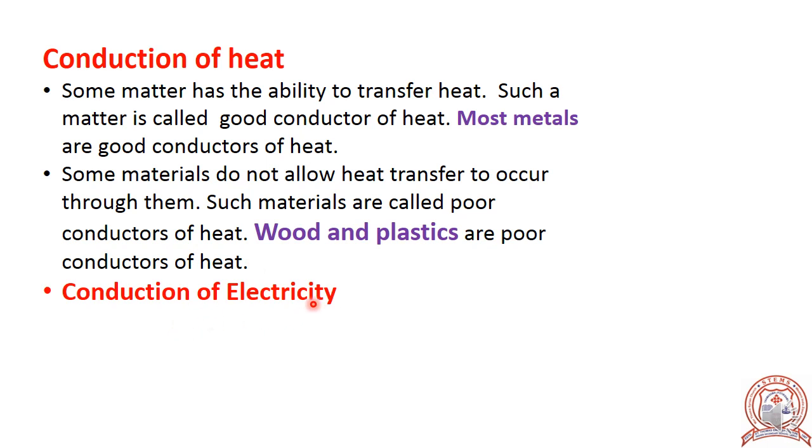Some matter has the ability to transfer electricity efficiently. Such matter is called a good conductor of electricity. Most metals are good conductors of electricity. Dry wood and plastic are examples of matter that do not conduct electricity.